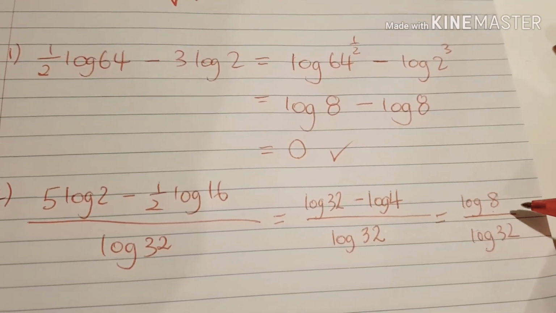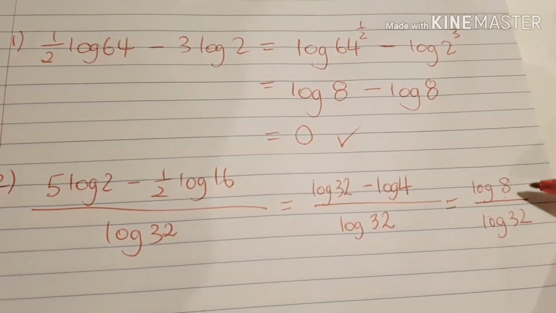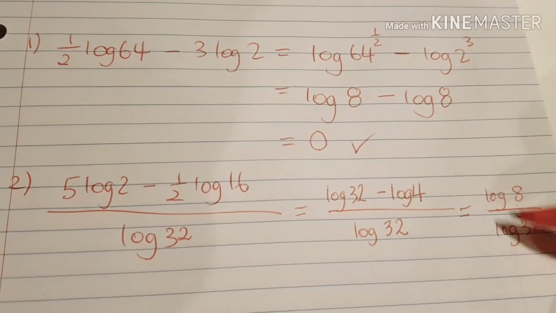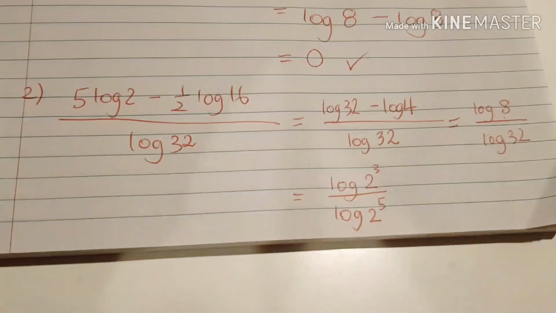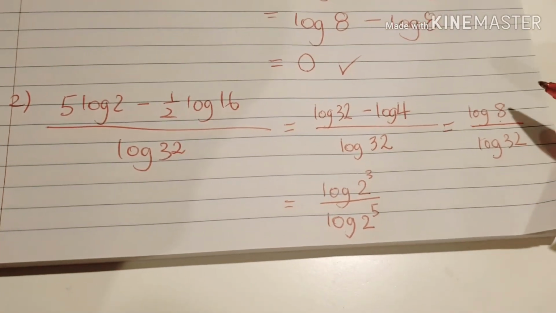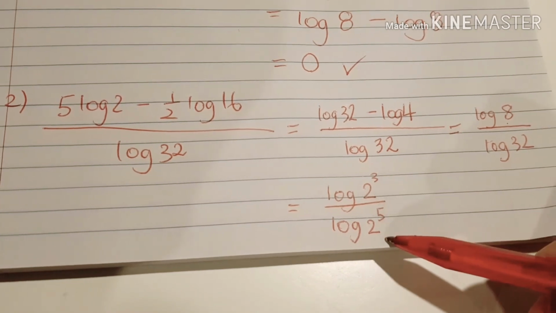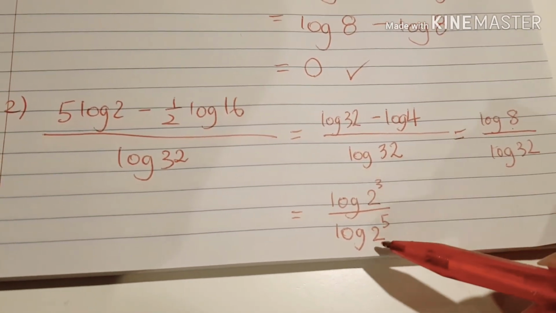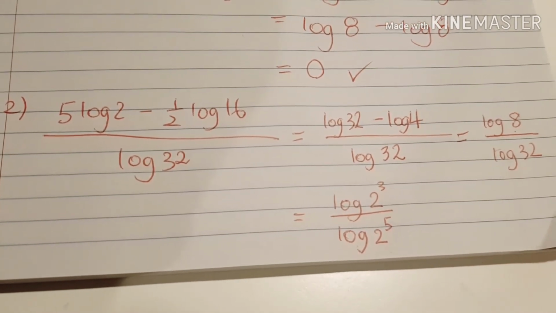Now 8 and 32 are not the same number, so I cannot cancel anything out. I'm going to simplify further. I can make 8 and 32 with the base 2. 2 to the power of 3 is 8, and 2 to the power of 5 is 32.